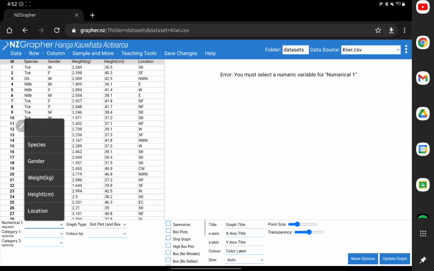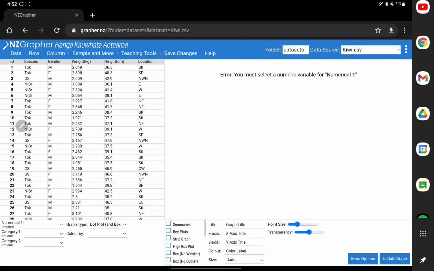Numerical. So the thing that we're going to compare. So the data that we have is we got species, we got gender. So if you look, we're looking at this part here. You can see weight, height, and location. And location being where they live. So of course, when we say we're going to compare some measured stuff between two groups, it's going to be either weight or height.